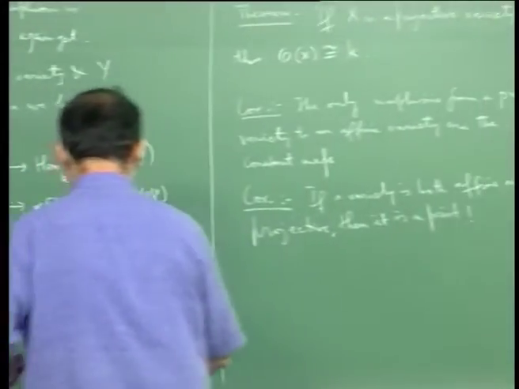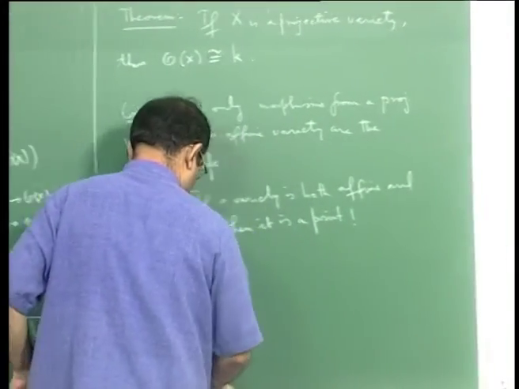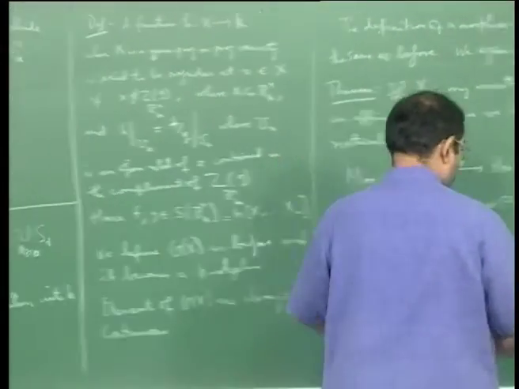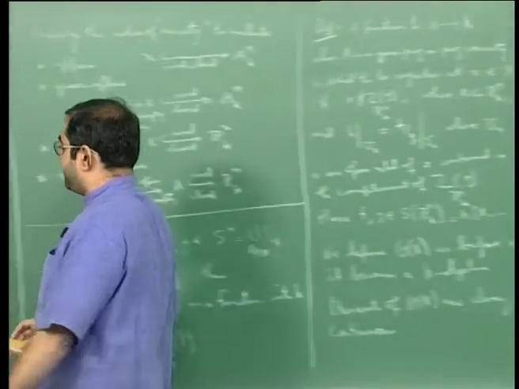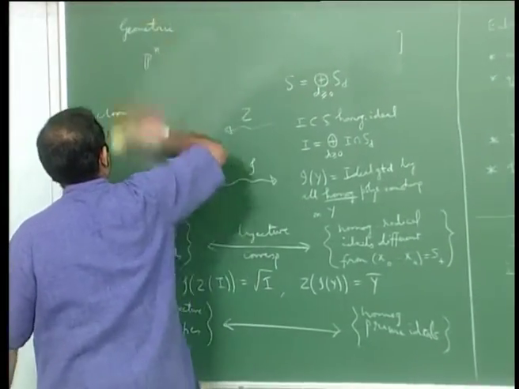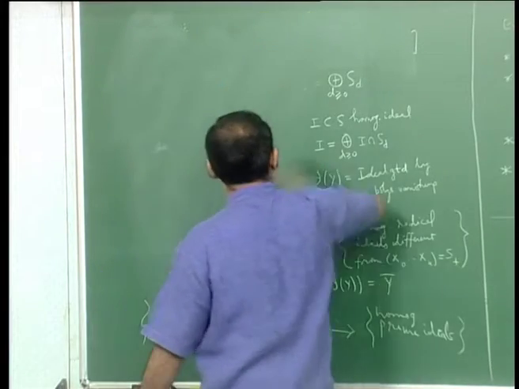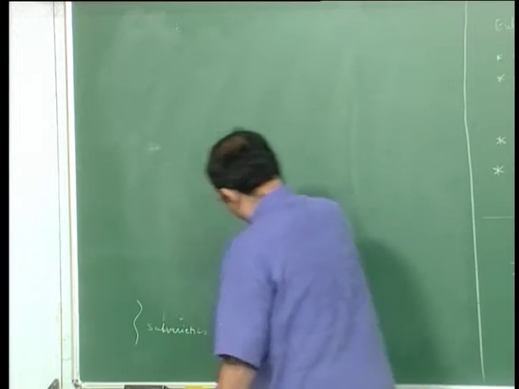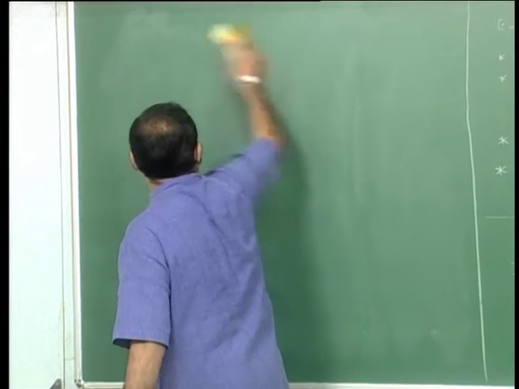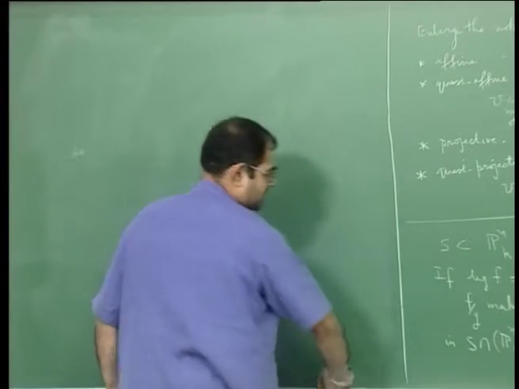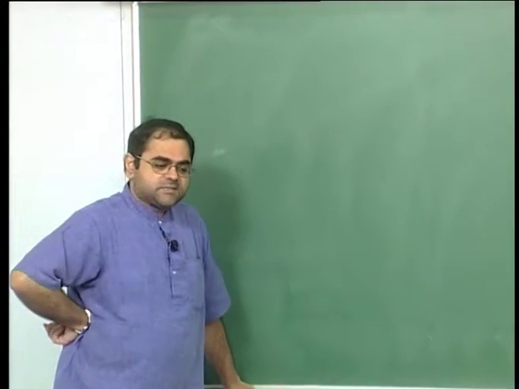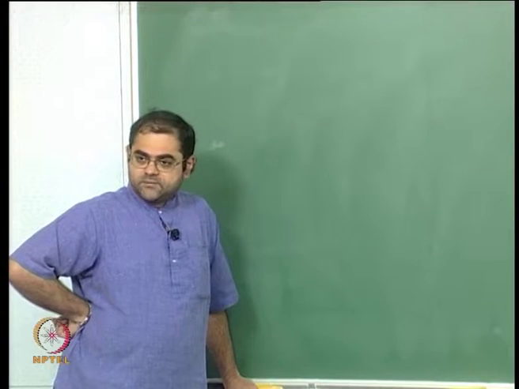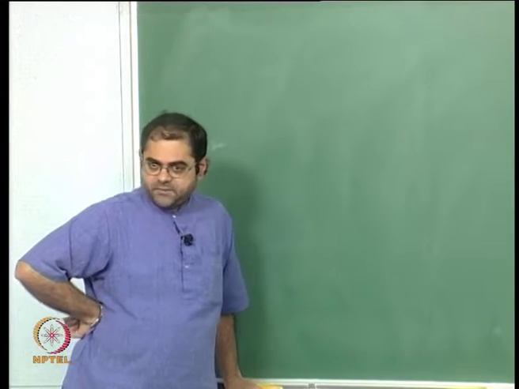So now I want to go back to our earlier argument, I think a couple of lectures ago, where I showed that the projective n space was a union of n+1 copies of an affine space.